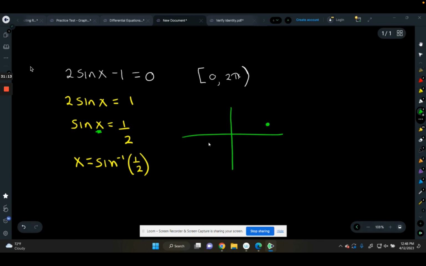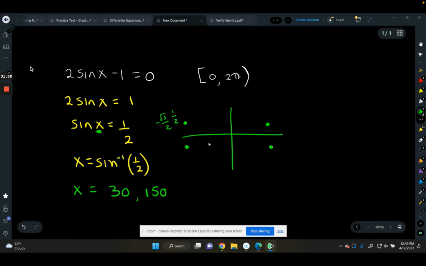How about 30? Okay, so x is equal to 30 degrees. What else? What about over here? This is negative √3 over 2, comma 1/2. Does that work? Okay, what angle is that? 150. How about down here? Is that one going to work? No, because it's negative 1/2, right?